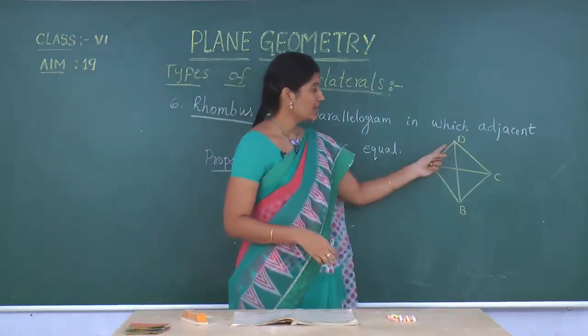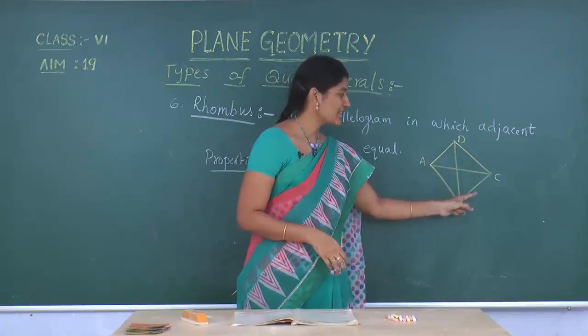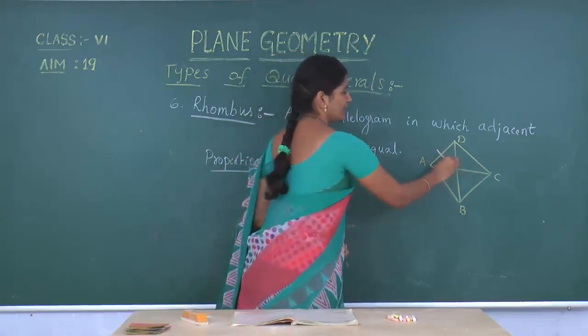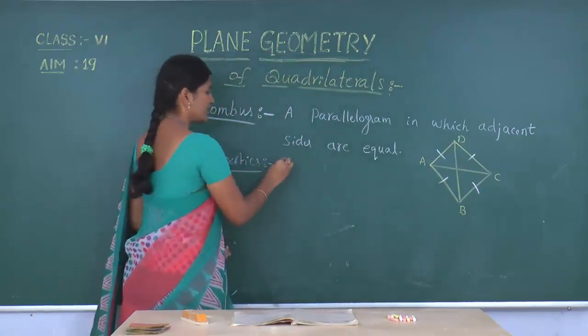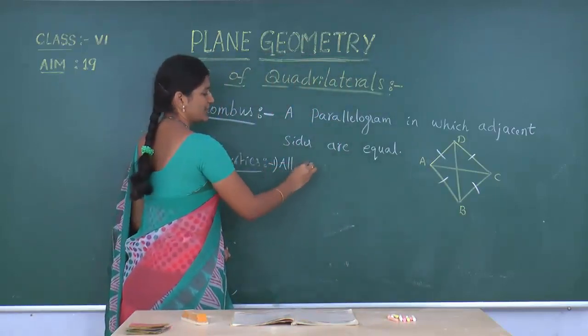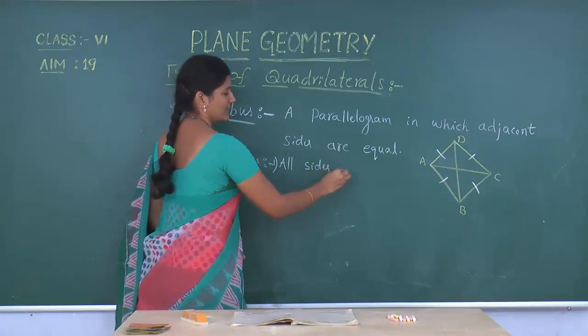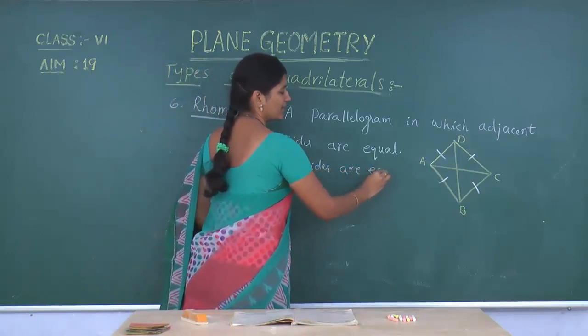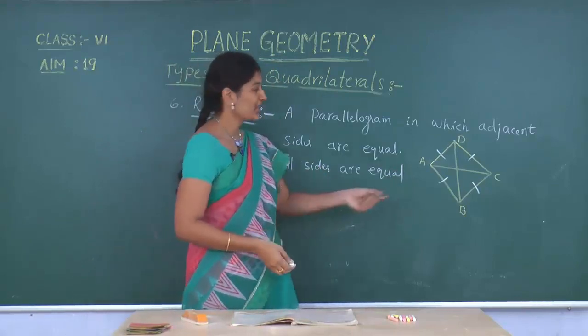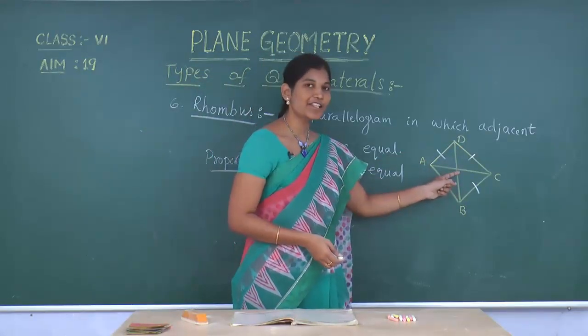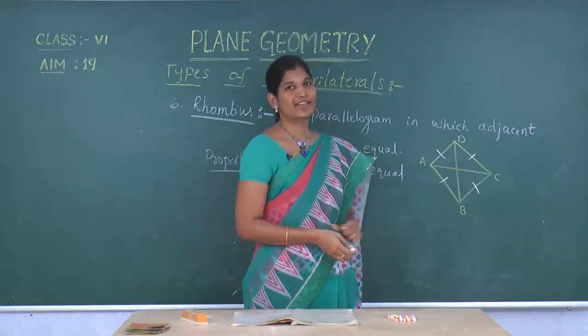Now here in rhombus all sides are equal. First one, all sides are equal. Now the second property is diagonals bisect each other at right angle.